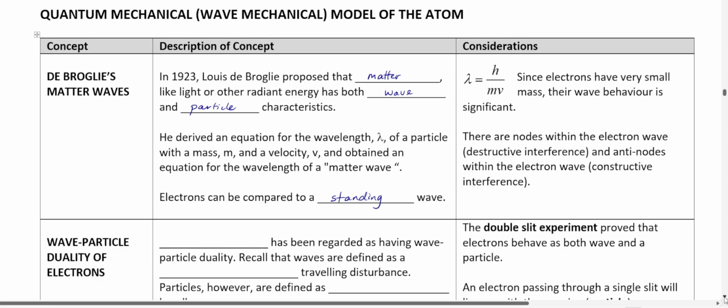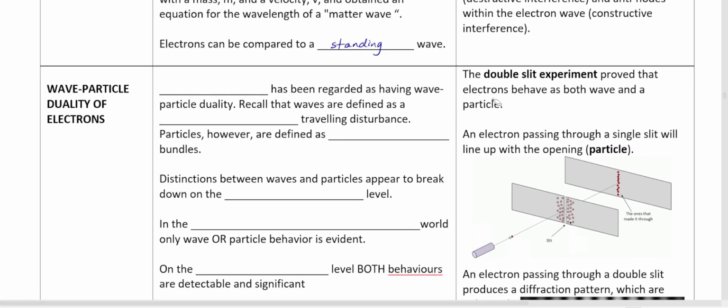We further have more evidence of electrons behaving as waves in this experiment as well. Light was regarded as having wave-particle duality, and waves are defined as a continuous traveling disturbance, whereas particles are defined as discrete bundles.